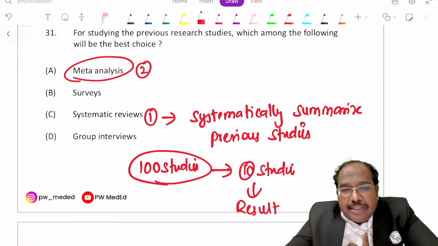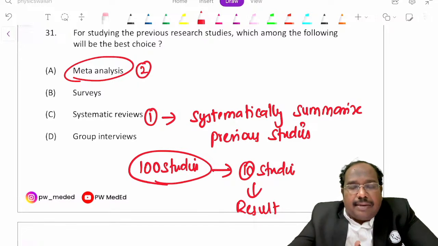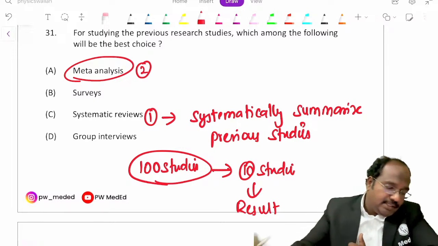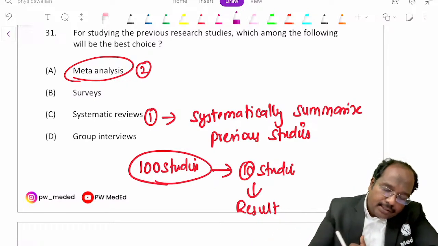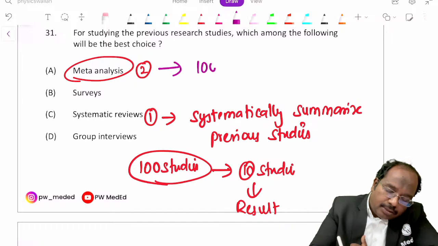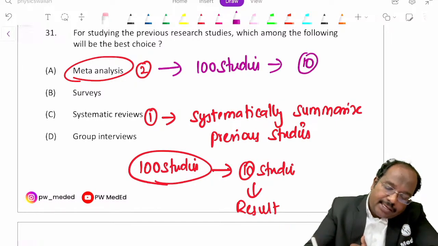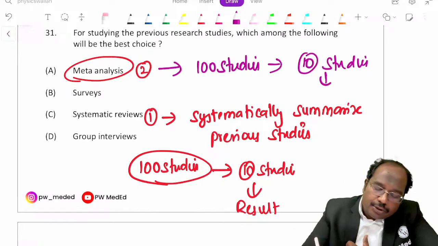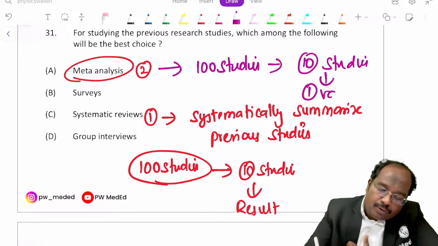So from the 100 studies, I select the best studies based on the criteria and show the results in a forest plot. Meta-analysis is the next step. In meta-analysis, suppose we have 100 studies on a particular topic. You select the 10 best studies based on the criteria, and you make it as one value.